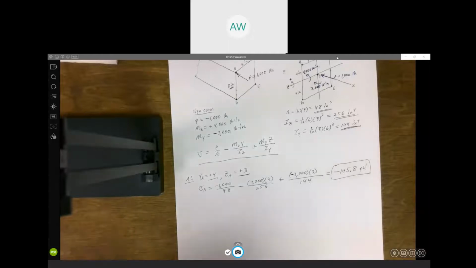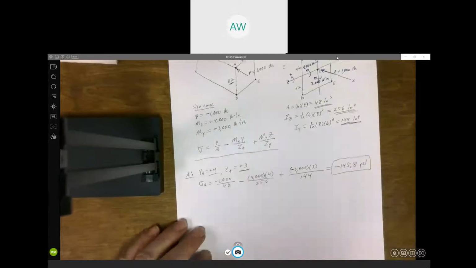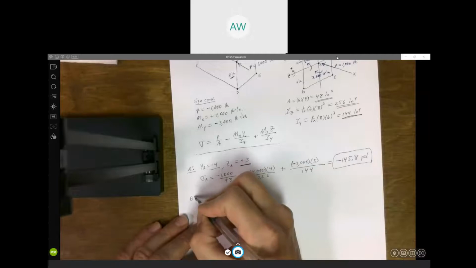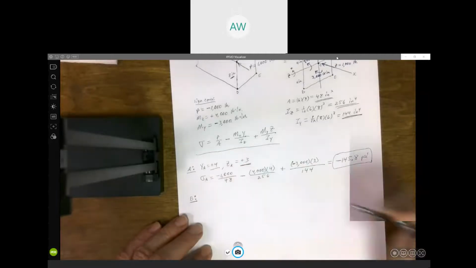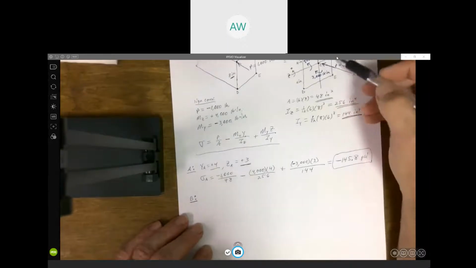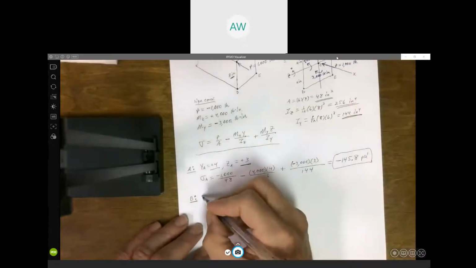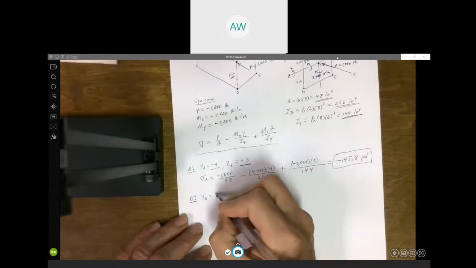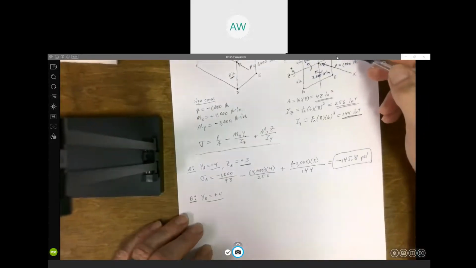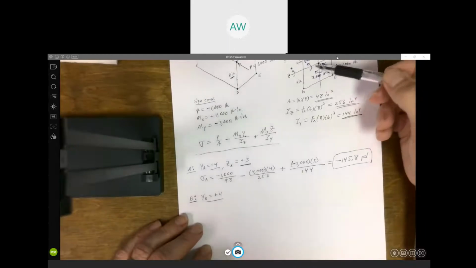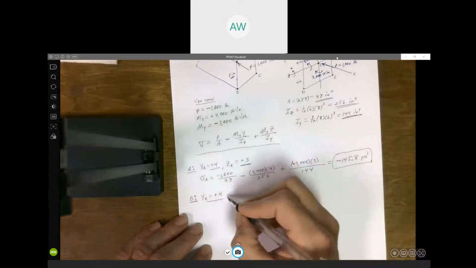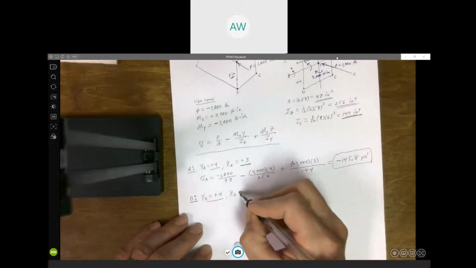All right, so if we go to a different point, the only thing that's going to change are my y's and z's. So if we go to point B here, now I'm looking at B. Y is still going to be positive, right? It's in the positive y direction. So yB would be a positive 4. Z, though, is going to be negative, right? Because positive z is to the left here. Point B is to the right. So it would be a negative 3.